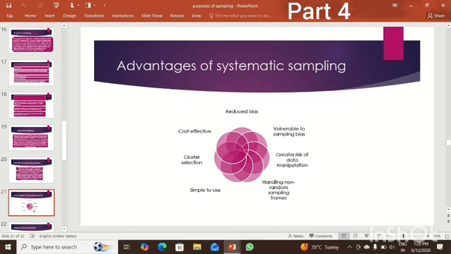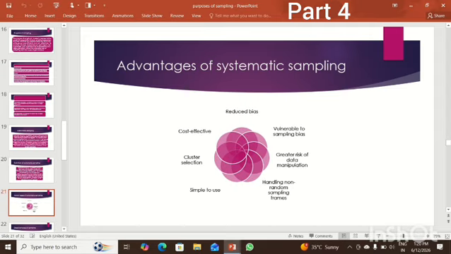What you have to do is select every 10th member from the group. There is no certain criteria or rules mentioned. There is the standard number 10, and whoever the person is, you have to select that 10th person. This is known as systematic sampling.